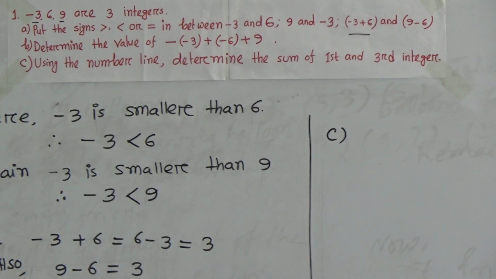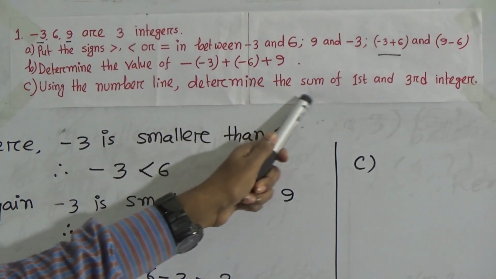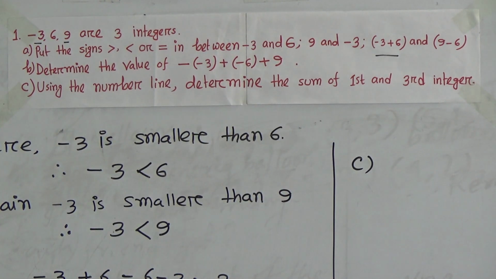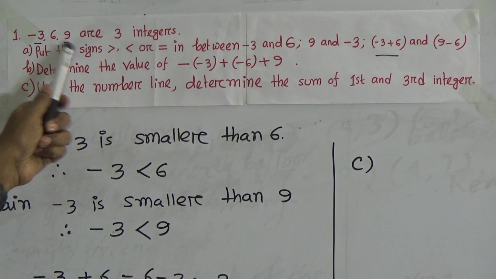You see question C. Using the number line, determine the sum of the first and third integer. This is the first integer and this is the third integer.